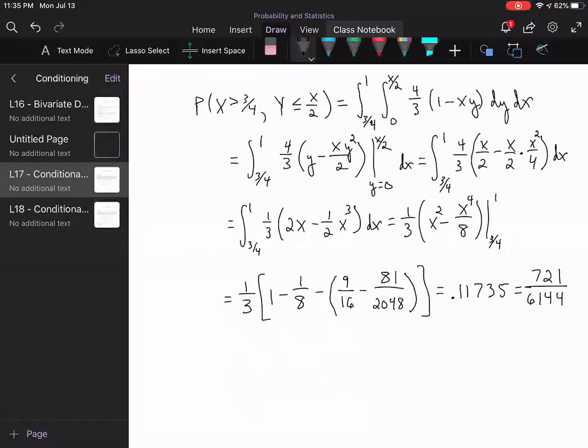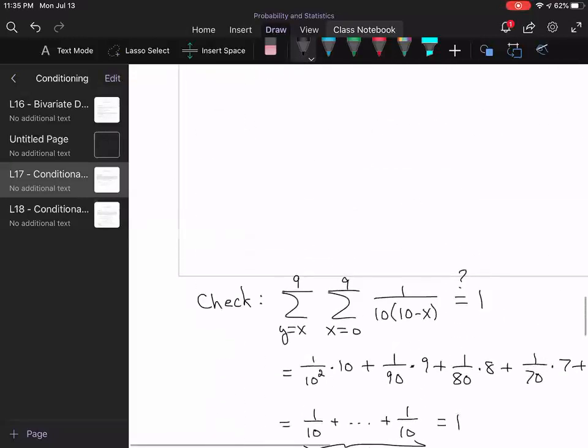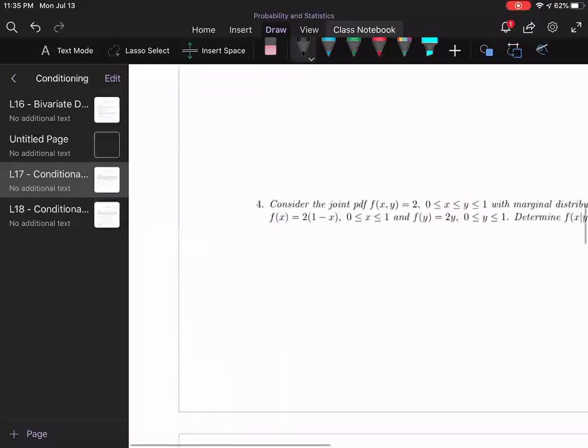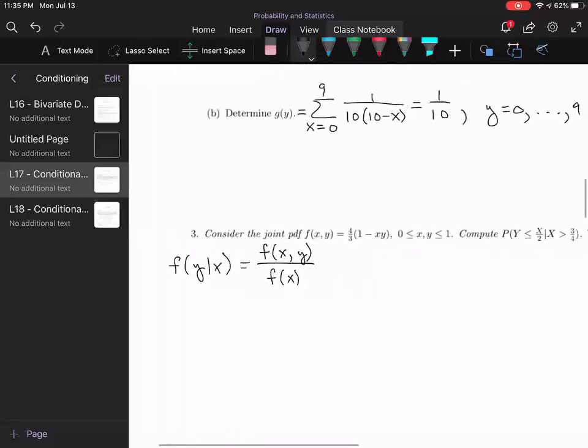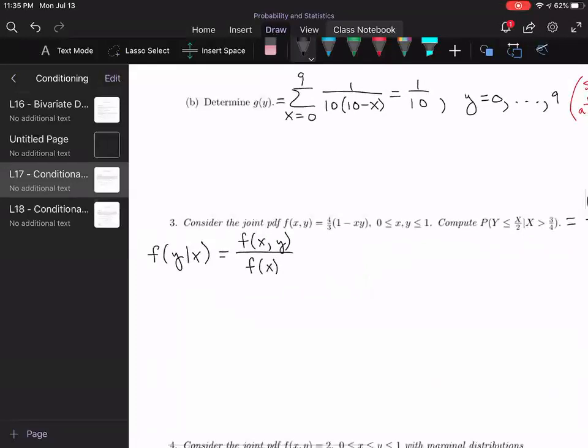Which means that this probability statement is going to be 721 over 6,144.